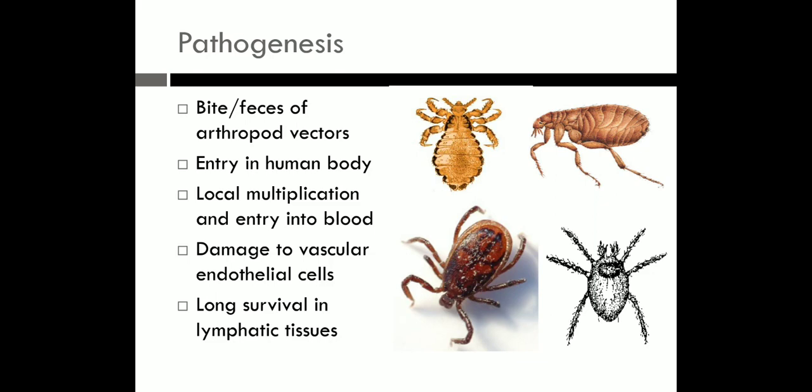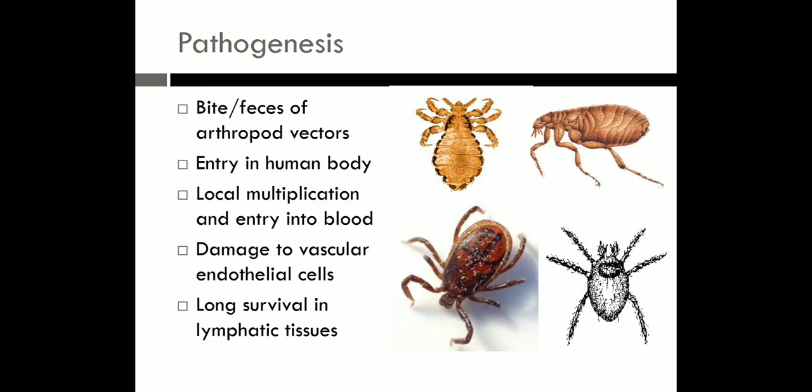After getting phagocytosed and after staying inside the nucleus and cytoplasm, they multiply by binary fission, taking about 9 to 12 hours. Usually the cell to cell spread occurs by polymerization of the actin filaments.